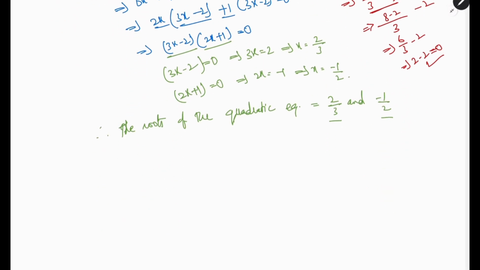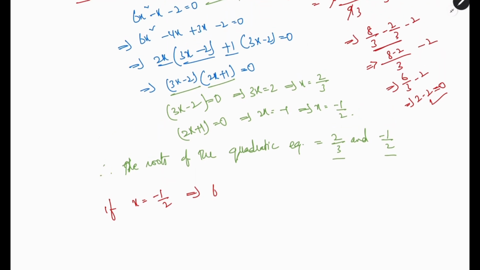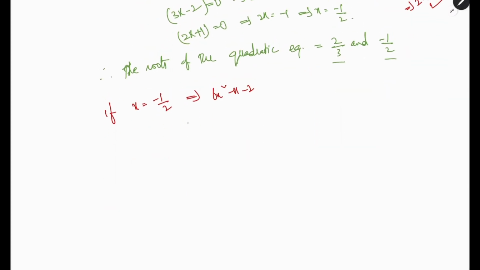If we take x equal to minus 1 by 2 and substitute in 6x square minus x minus 2, we get 6 into minus 1 by 2 whole square minus of minus 1 by 2 minus 2.